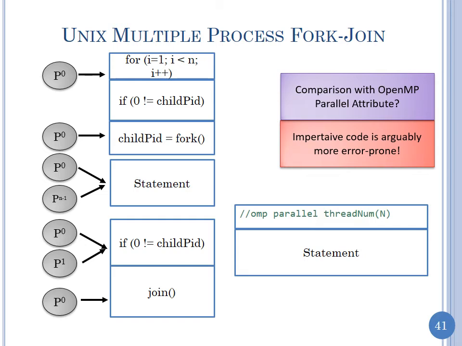This is a survey I saw a long time ago, and they found one counterexample where the forking thread did the same thing as the forked thread, and that was a bug. Okay, so you do need to check the child PID. Whereas what we see here, there's no PID being checked explicitly, at least.